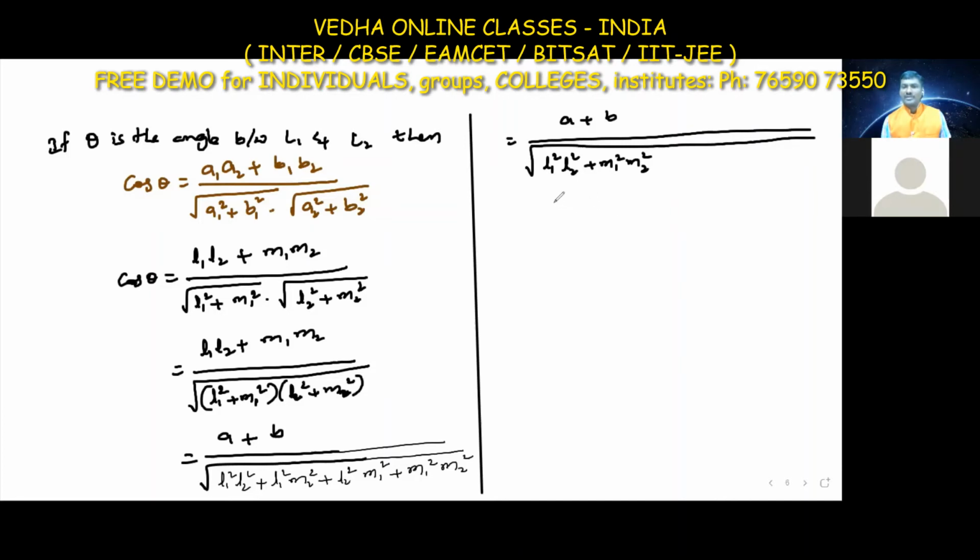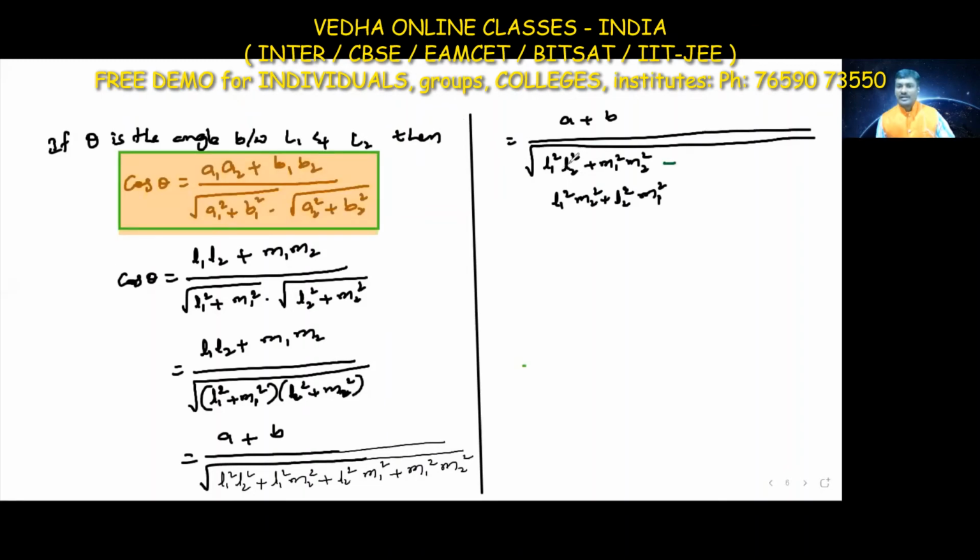And what about the remaining here? L1 square M2 square and L2 square M1 square, I have written these terms as it is. Now I am subtracting here. This L1 L2 is A and M1 M2 is B. So we have A square and B square.